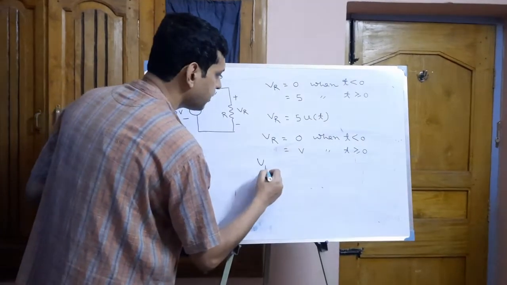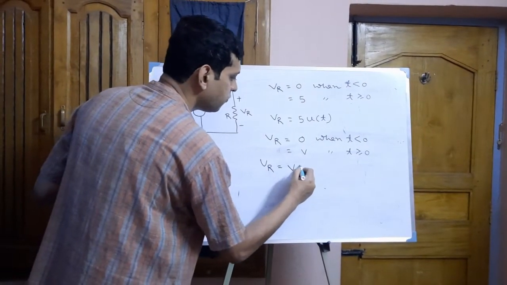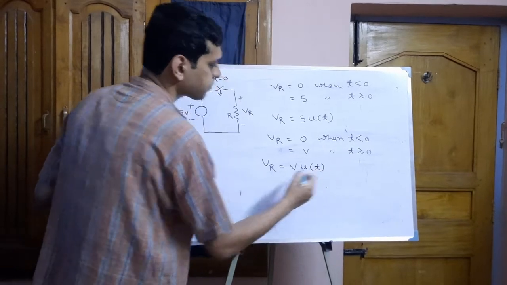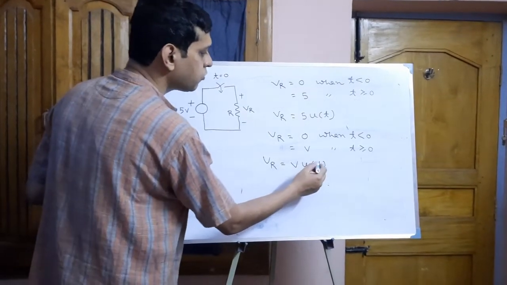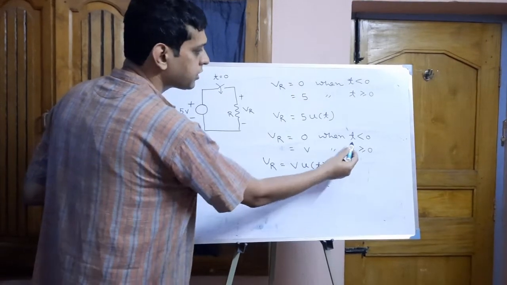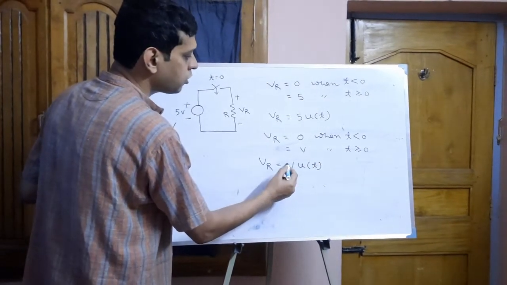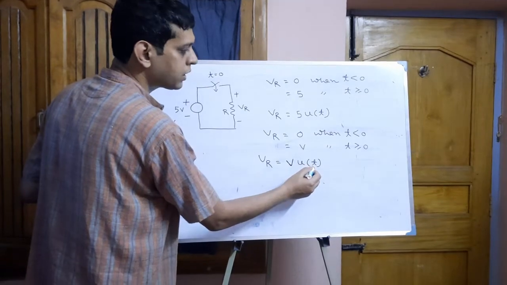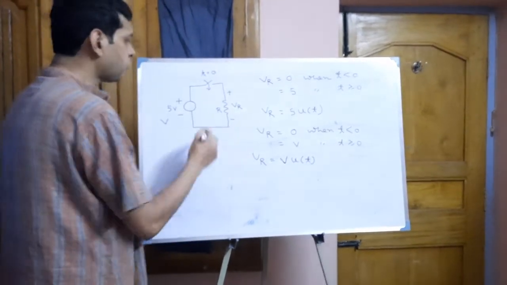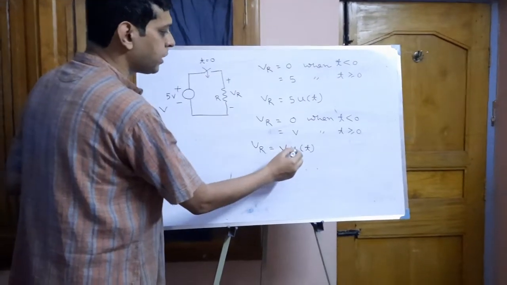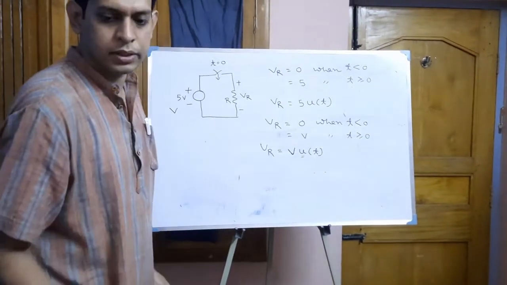So we can write that VR equal to V u(t). This product is equal to 0 when u(t) equal to 0, or when t less than 0. The product is equal to V when u(t) equal to 1, or t greater than equal to 0. Okay. So the switching function can be described by one unit step function.